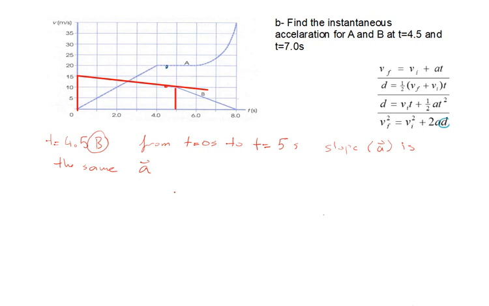Acceleration for B in this interval 0 to 5 is equal to negative 1 meters per second squared as calculated before.